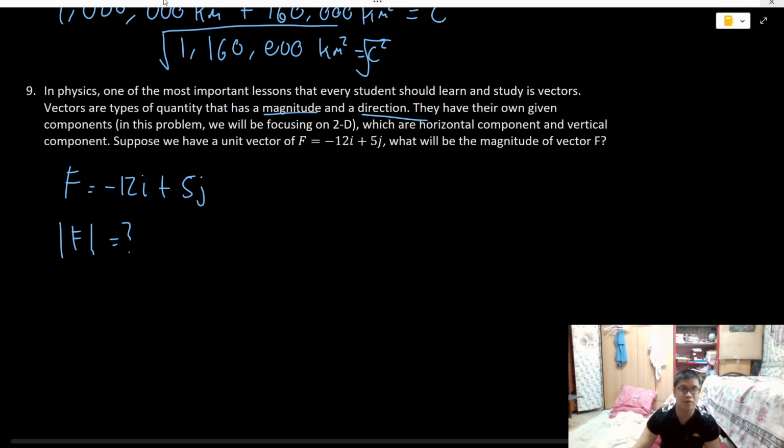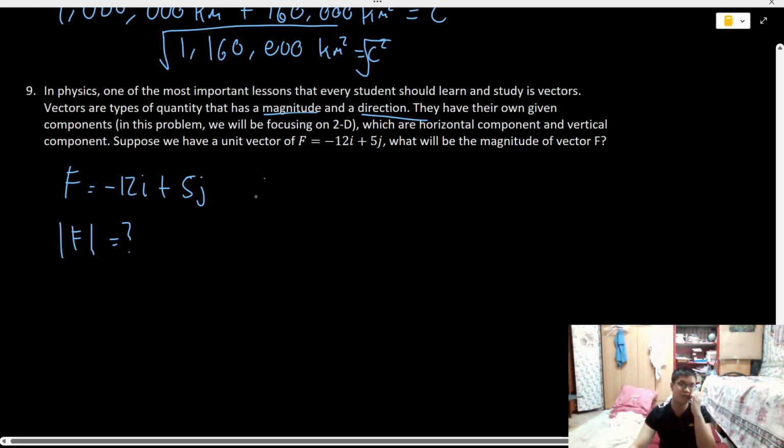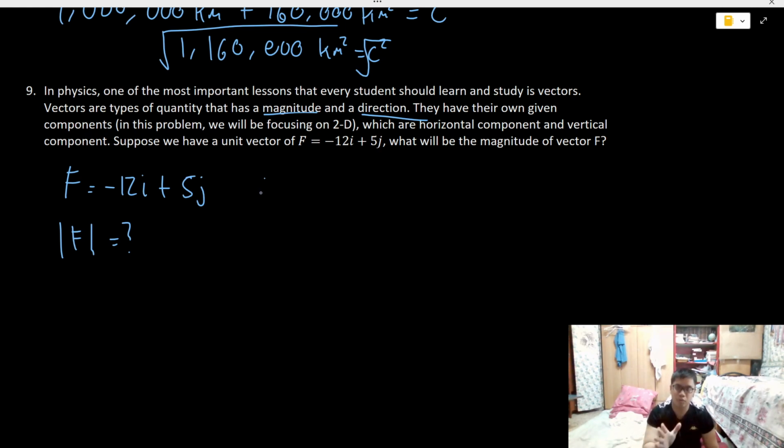So here in the unit vector, f, you have negative 12i and 5j. The unit vector tells you the specific components of your given vector f. We have negative 12i, 5j. So what do you mean by negative 12i?